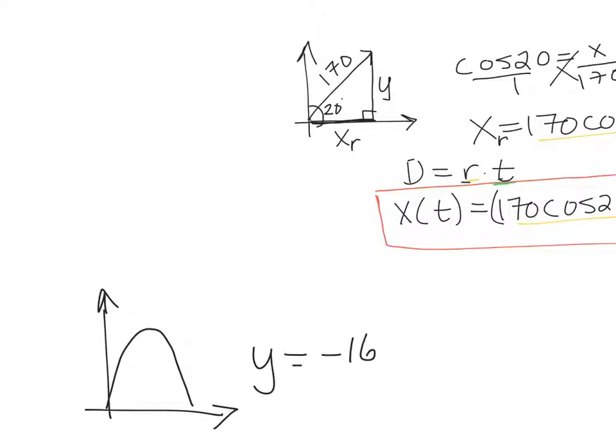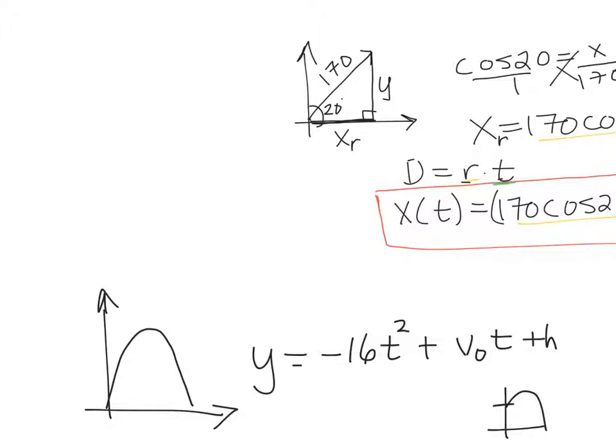If our measurements are in feet per second, that is given by negative 16 t squared, and then plus whatever the initial velocity was times time, and then plus height. So if our ball, say it was a basketball and it was thrown from up high, then we might have an initial height there. So that is the equation that we're going to use for the height of the ball.